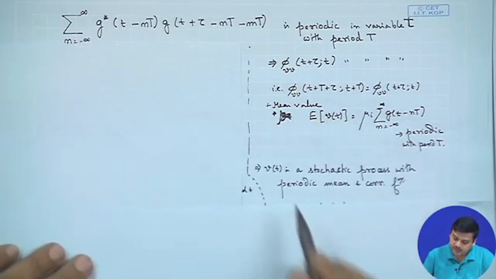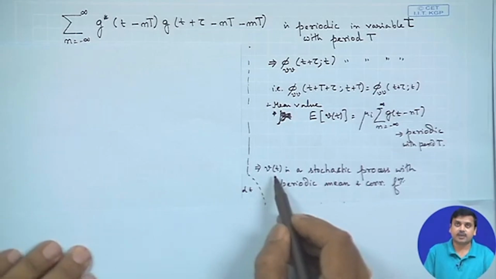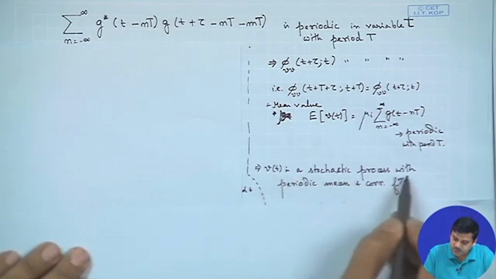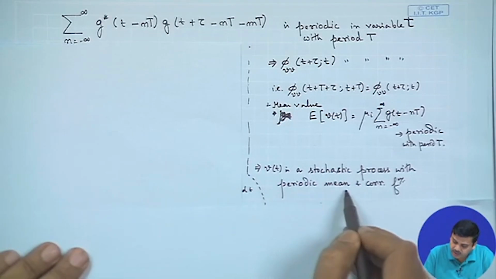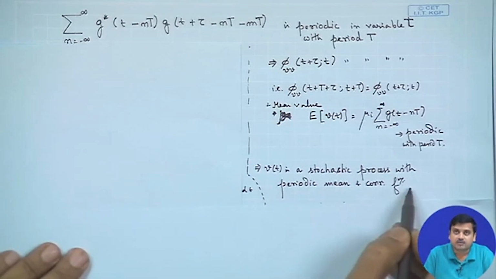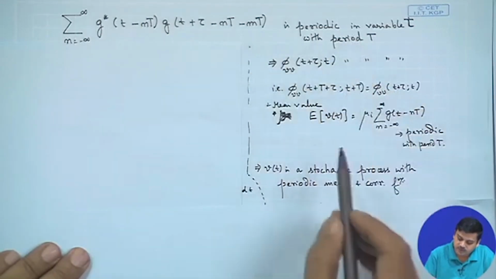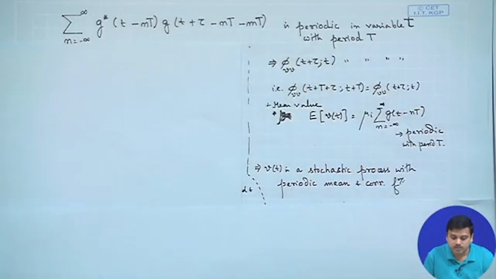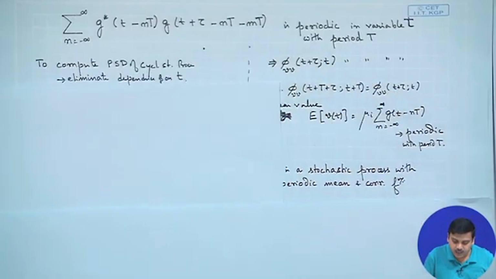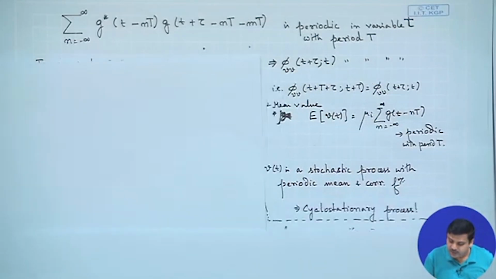So, what we see is that V(t) is a stochastic process with a periodic mean and a correlation function, right, which is also periodic. So, we have seen the correlation function is periodic, the mean is also periodic. Now, what we have is a cyclostationary process, right.